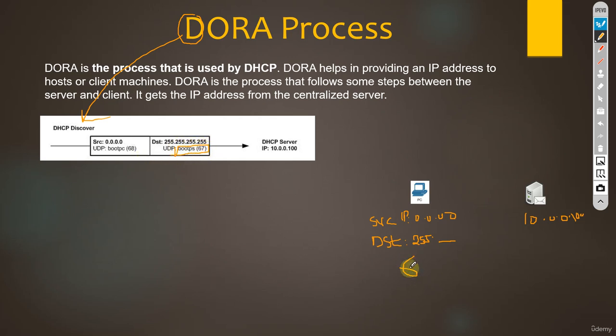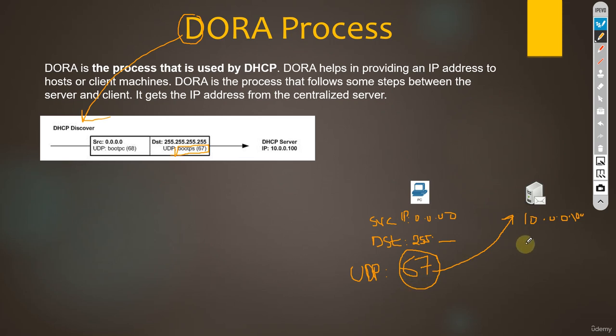So 67 is the port which runs on top of UDP, which says that I want to reach the server. If it's 67, it means I'm heading toward the server. I'm looking for the server who has port number 67 for DHCP.